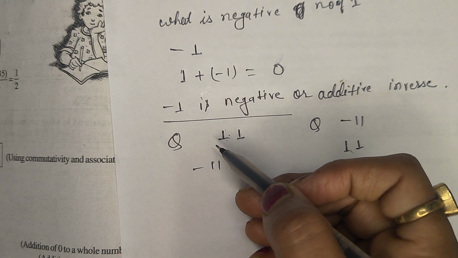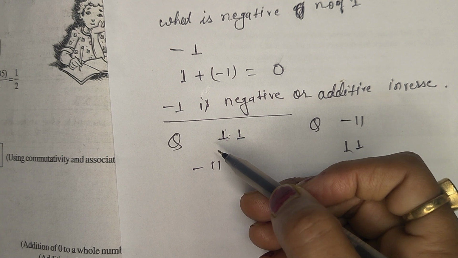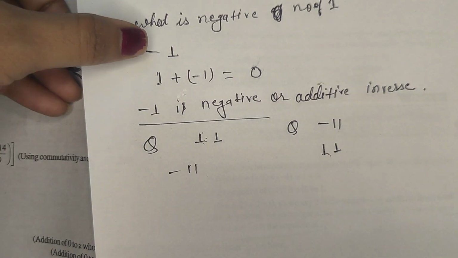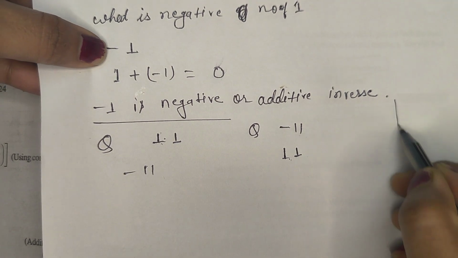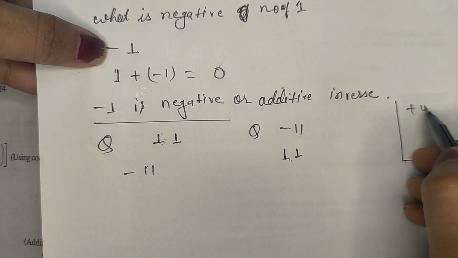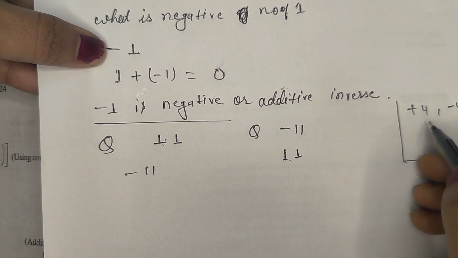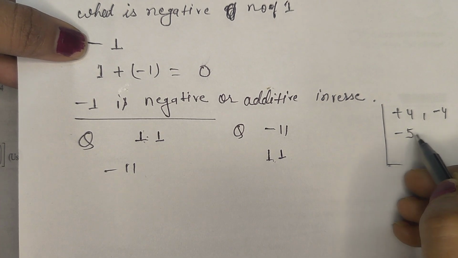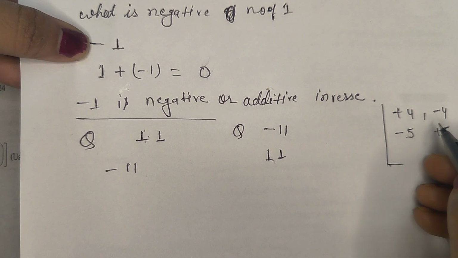Suppose the question is given as negative, the answer becomes positive. If the question is given as +4, the answer is -4. If the question is given as -5, the answer is +5.